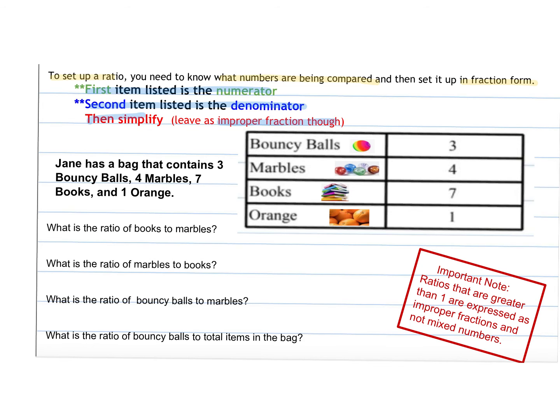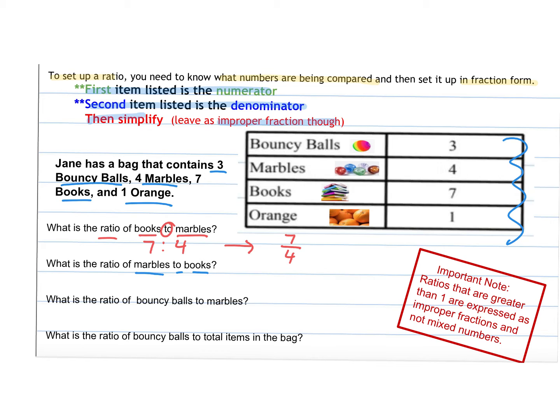So looking here, Jane has a bag that contains 3 bouncy balls, 4 marbles, 7 books, and 1 orange. Here's the data here. So what is the ratio of books to marbles? So we find our books, we have 7. Marbles, we have 4. So I would write this as 7 to 4. Marbles to books, notice we already have those numbers.